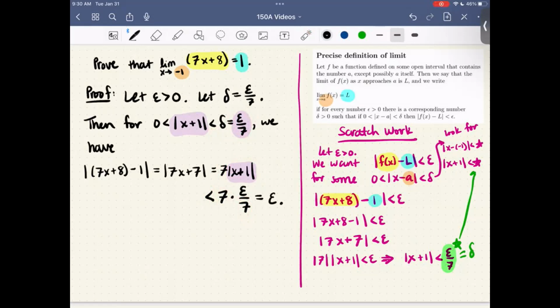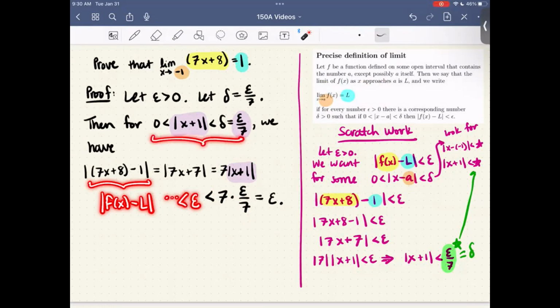Okay. So now I have that |f(x) - L|, I did some work and I got that it's less than epsilon whenever x is in this region, so here's my 0 less than |x - a| less than delta.